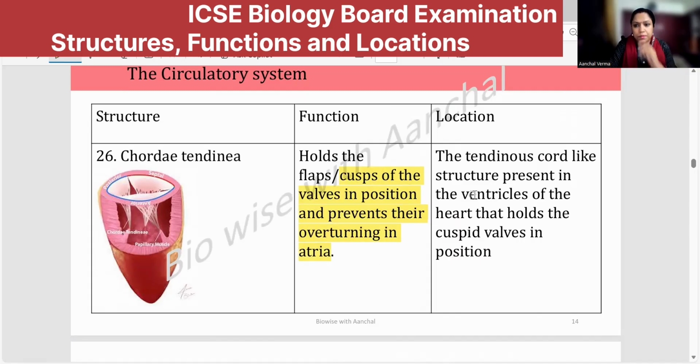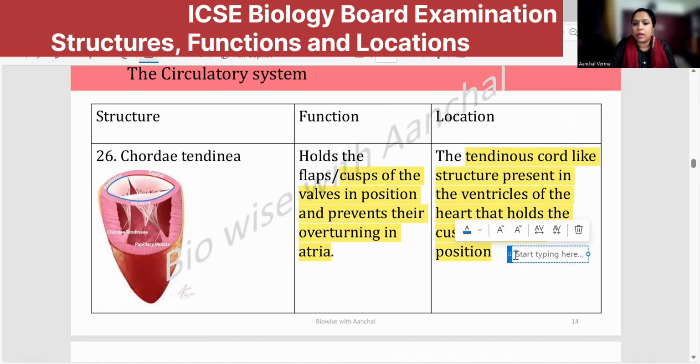And here, the location: it's a tendinous cord-like structure present on the ventricular walls of the heart that holds the cuspid valves in position. It is basically attached to the papillary muscles of the heart. You can also add that.